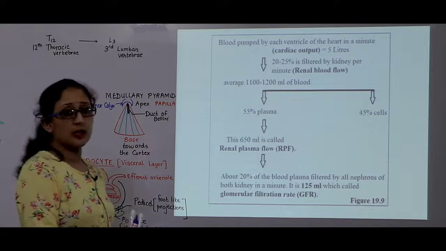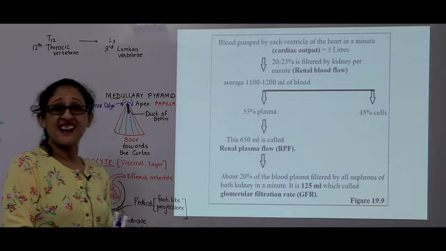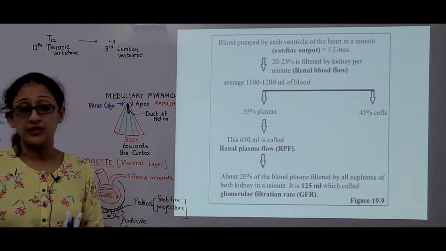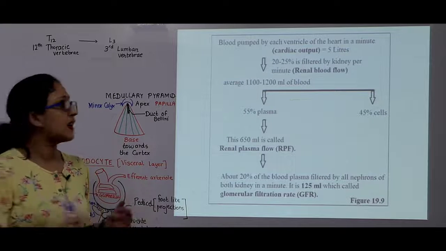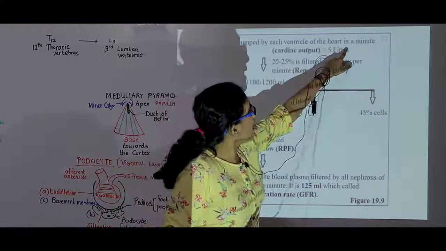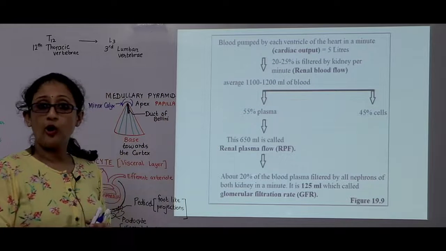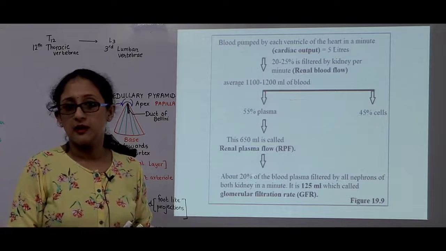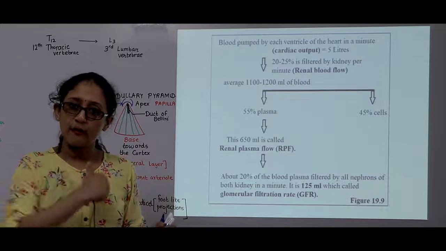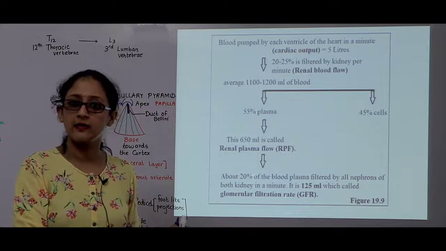Next, you have this particular flow chart. What is the cardiac output? The cardiac output is 5 liters. Now, what is this cardiac output in 1 minute? In 1 minute, how much blood is pumped out of each ventricle? Now, consider you have a right ventricle and your left ventricle. From the left ventricle, blood goes to all parts of the body, including the kidneys.